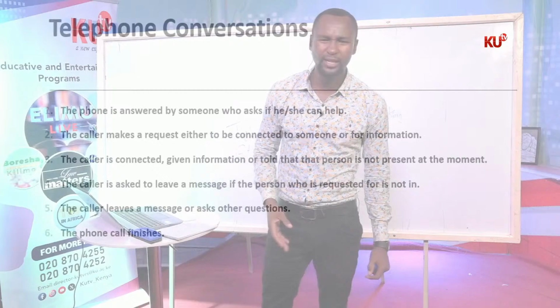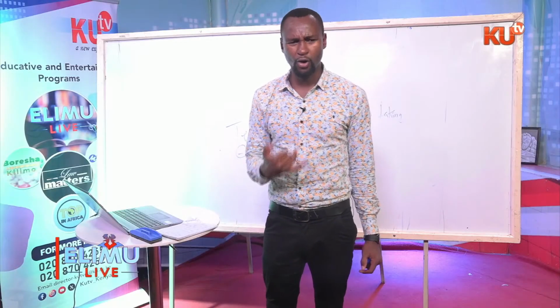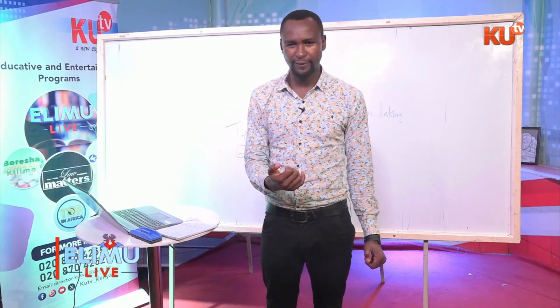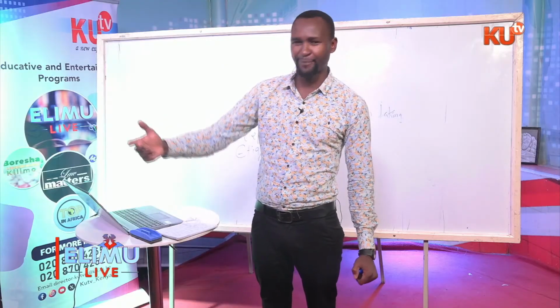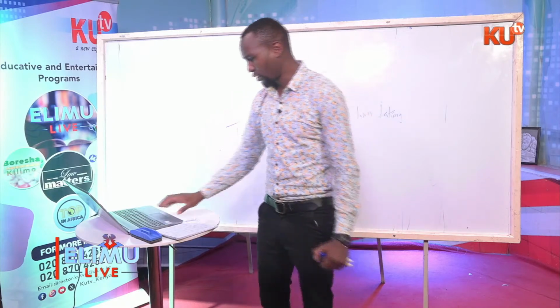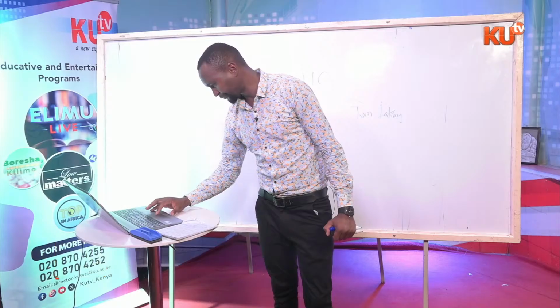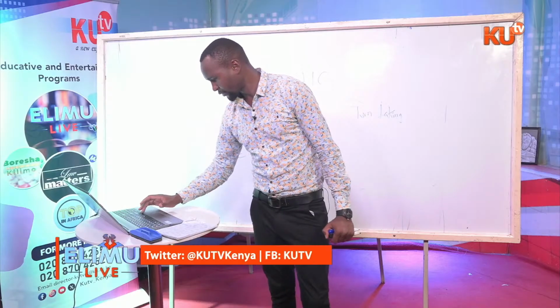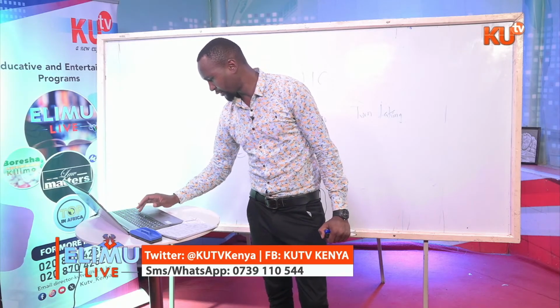Nobody is interested. That is your business. If you are called, just excuse yourself. Excuse yourself and step away. Then you avoid shouting. And we also avoid arguing in a phone call. We don't argue.